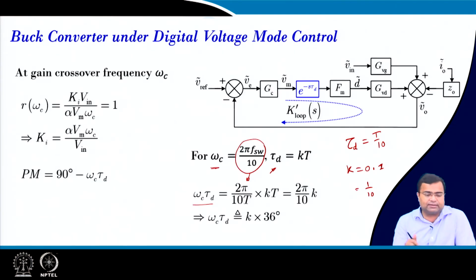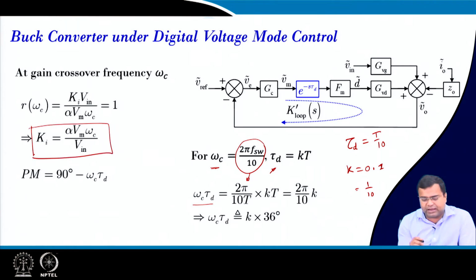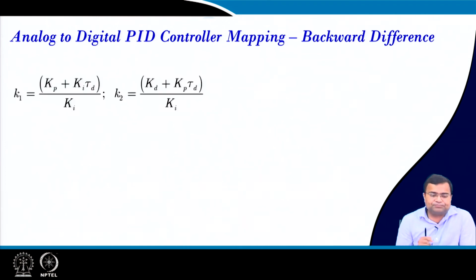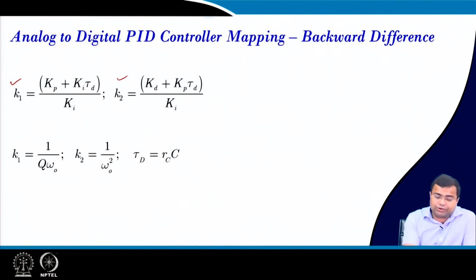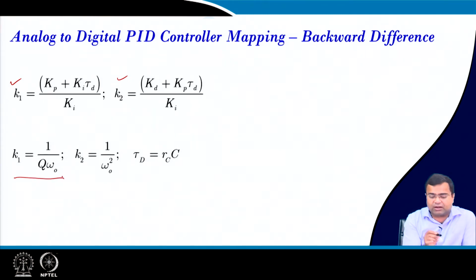Now, once we design all the parameters, because we know the ki value, we have obtained the other parameters of the PID controller. So, if we summarize, first we know k1, k2, which are functions of kp, ki, kd, and we know k1 by means of stable pole zero cancellation, it is 1 by q omega 0, and we know the denominator polynomial of the buck converter.